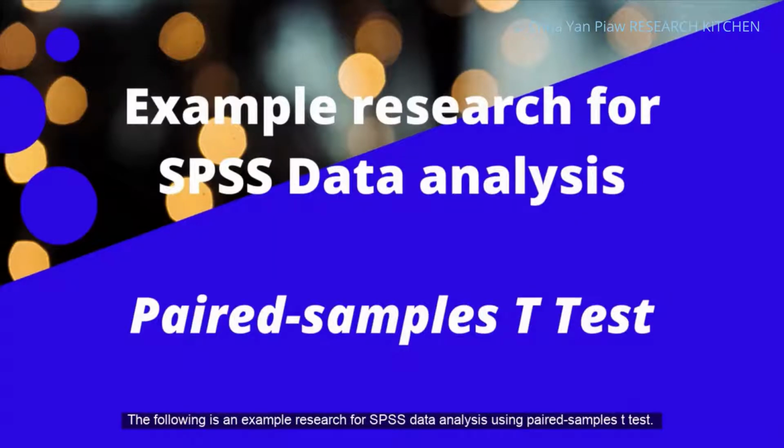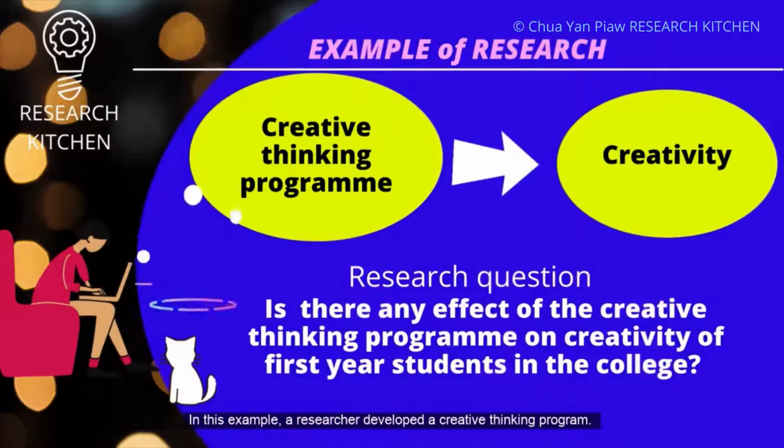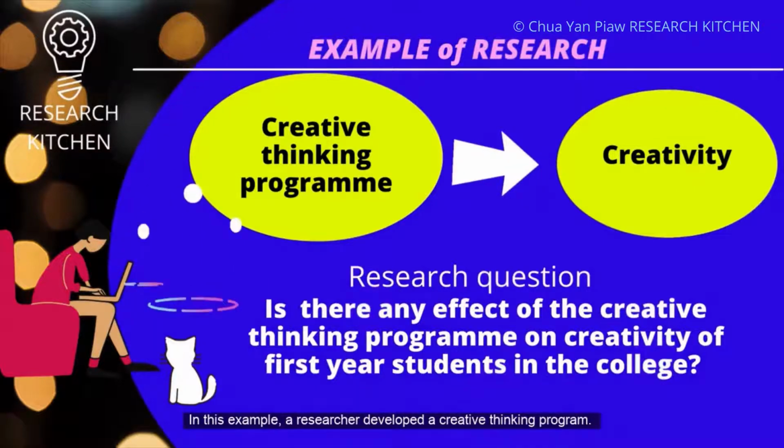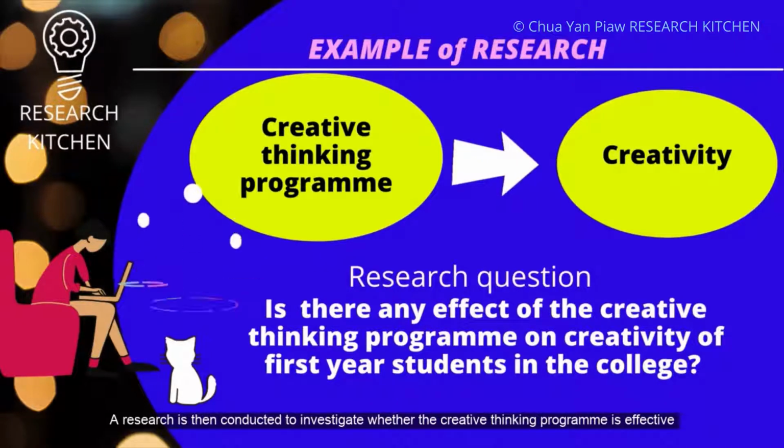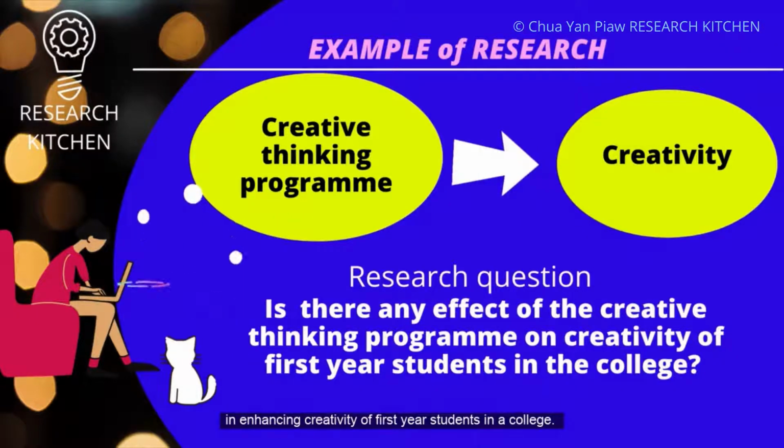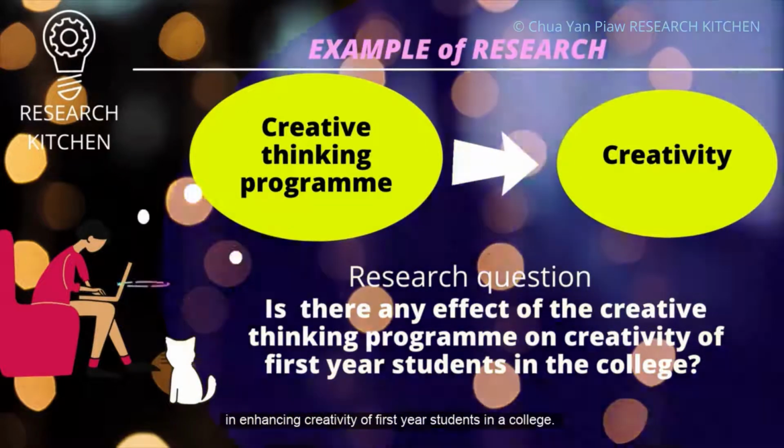The following is an example research for SPSS data analysis using paired sample t-test. In this example, a researcher developed a creative thinking program. A research is then conducted to investigate whether the creative thinking program is effective in enhancing creativity of first-year students in a college.